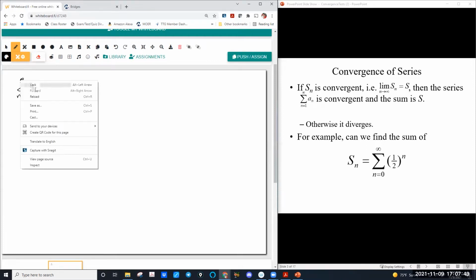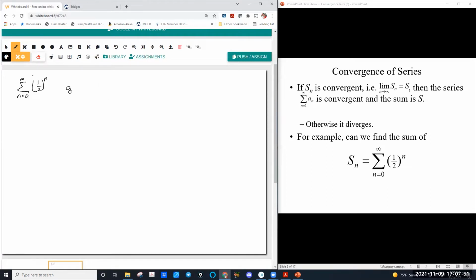The sum from 0 to infinity of (1/2)^n. This is a geometric series. Well, geometric series converge if the absolute value of the common ratio is less than 1. So this thing converges.